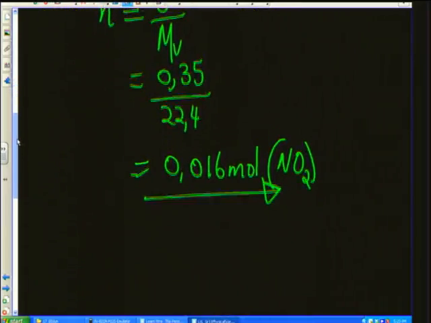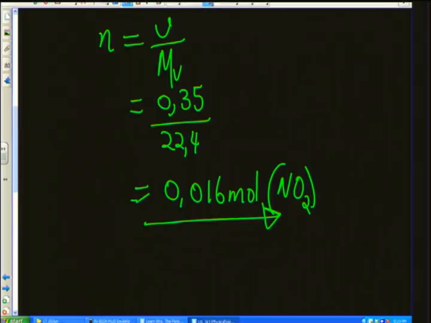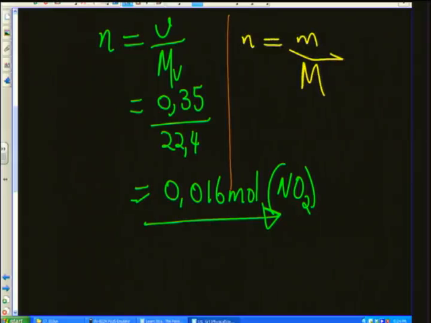Now, this means that we can actually say, from this formula, the number of moles, N, is also given by mass divided by molar mass.